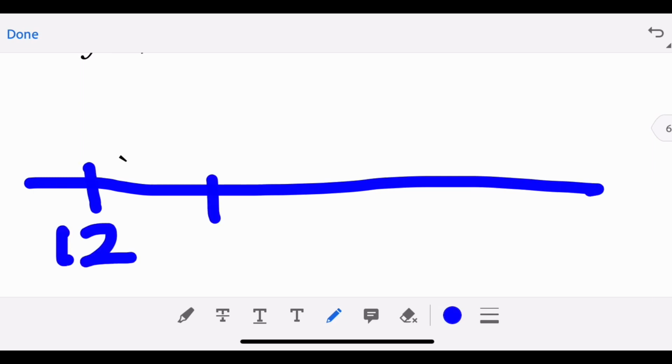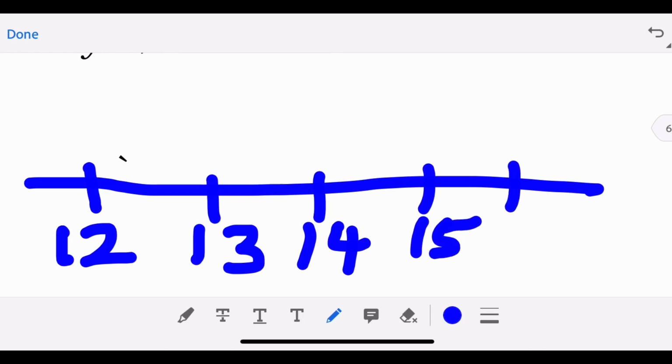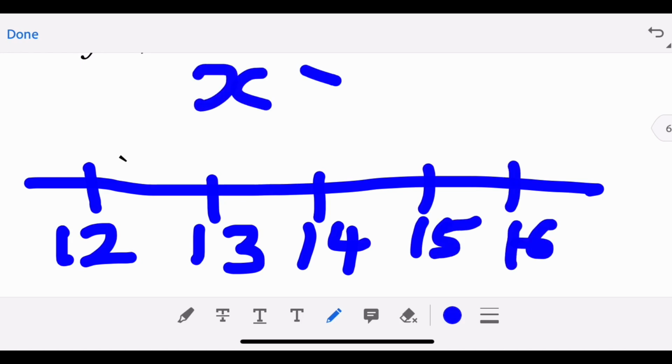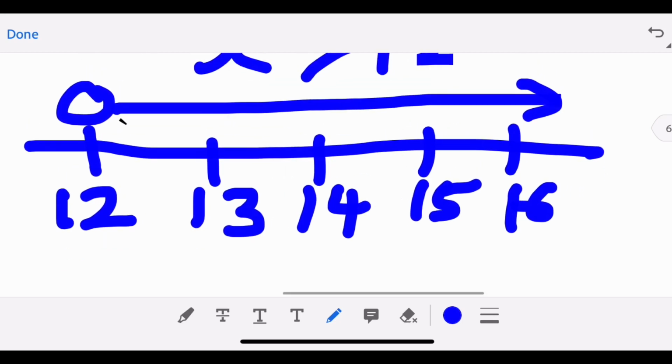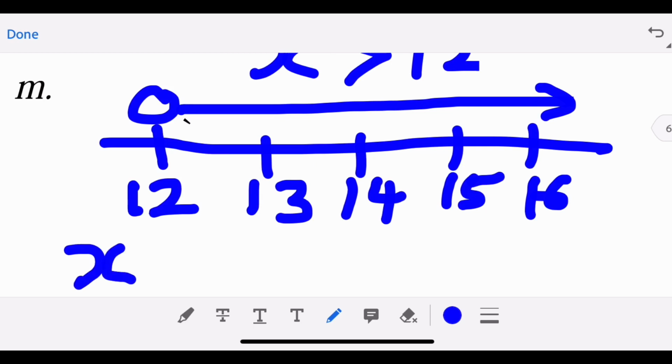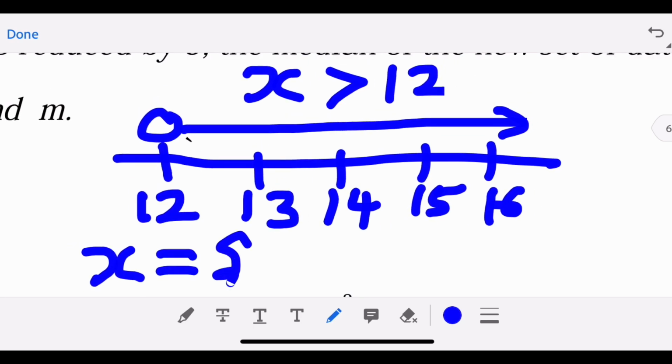Again, I explain to you. You have 12, 13, 14, 15, 16. Now you draw a number line to show x more than 12. The numbers you should consider are 13, 14, 15, 16, and so on.